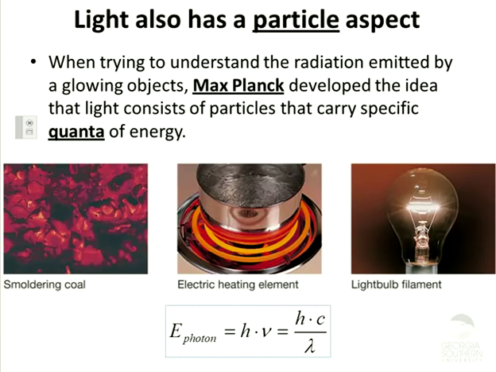And this was a big breakthrough. The particle theory of light was adopted widely and explained a lot of things. A few years after Planck announced this, Einstein used the particle theory of light to explain the photoelectric effect. And then it really became solid, widely used in science.